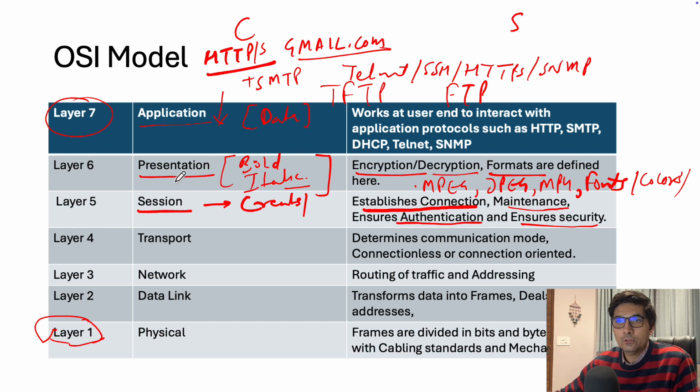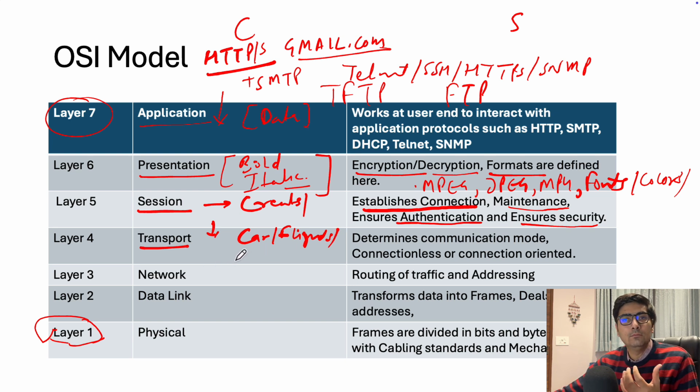Okay, so data now has crossed layer 5 and it has gone to layer number 4. So transport, the actual transport, just like we travel by car, by flights, right? So we have many options to transport goods and carriers to move, right?